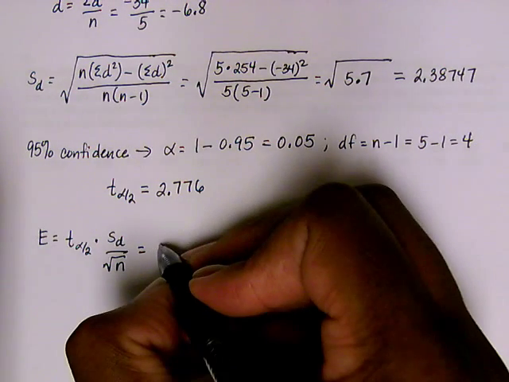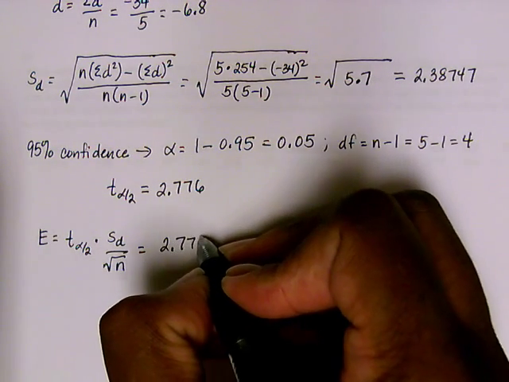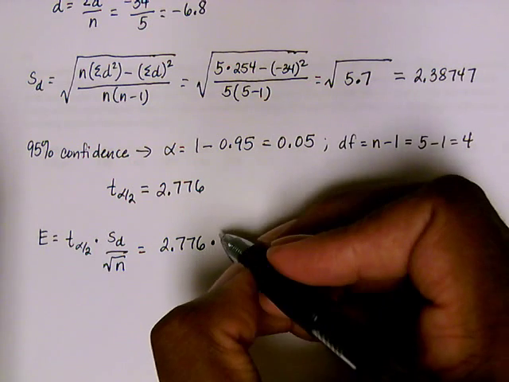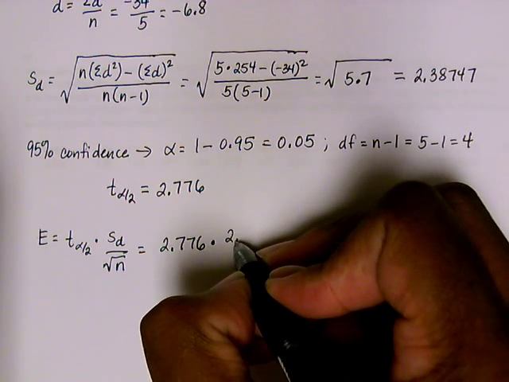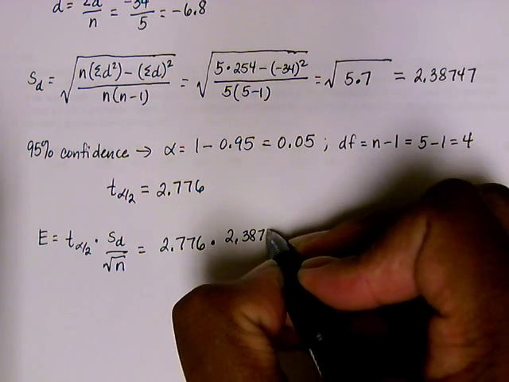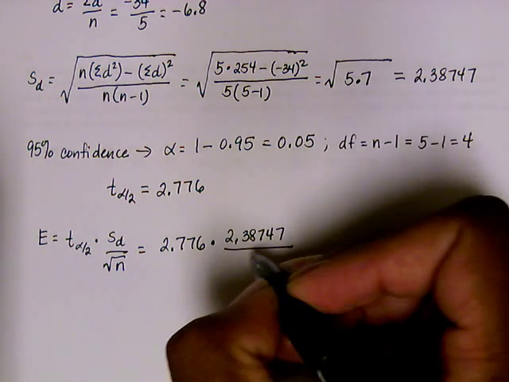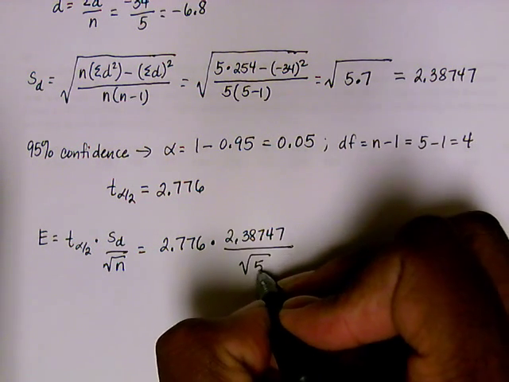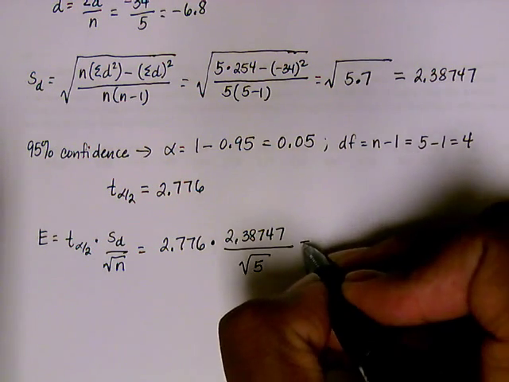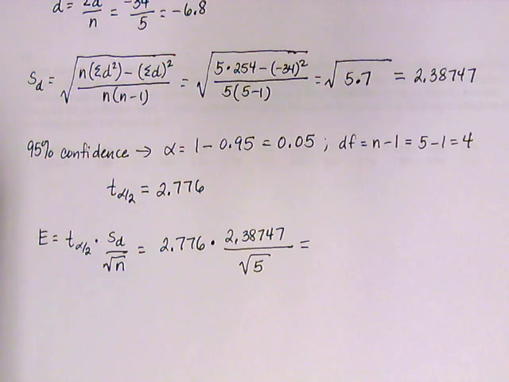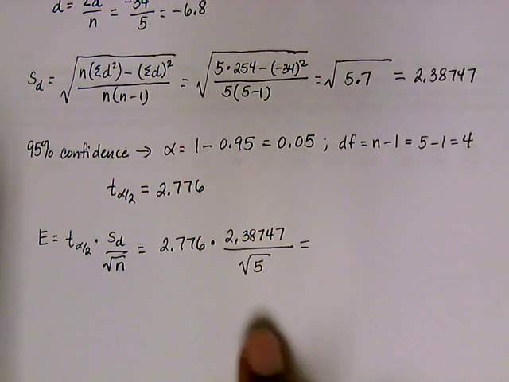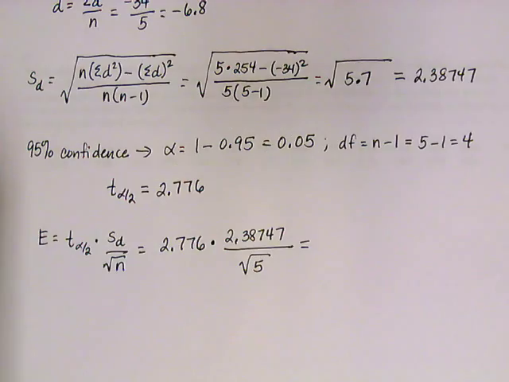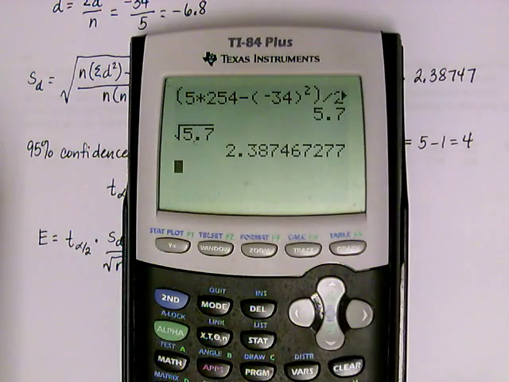And t of alpha over 2 is 2.776 times S sub d, which was 2.38747, divide that by the square root of n, which is 5. And then we type this in the calculator to find out what that margin of error is going to be.